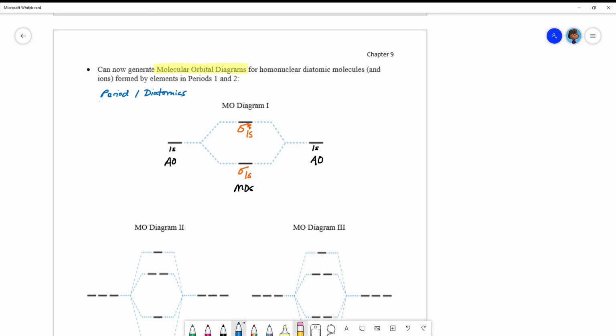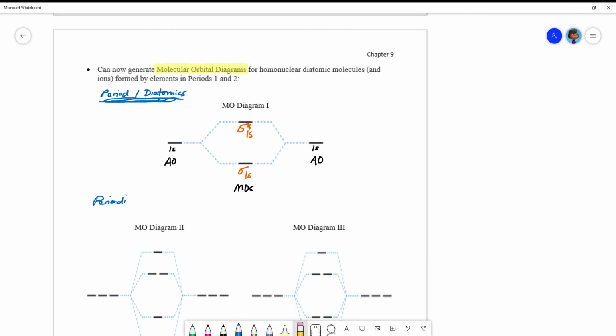Well, what about the diatomic molecules you could form in period 2? Let's take a look now at what we get for the period 2 diatomic molecules.